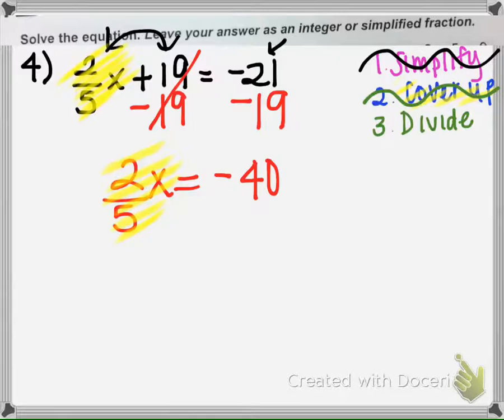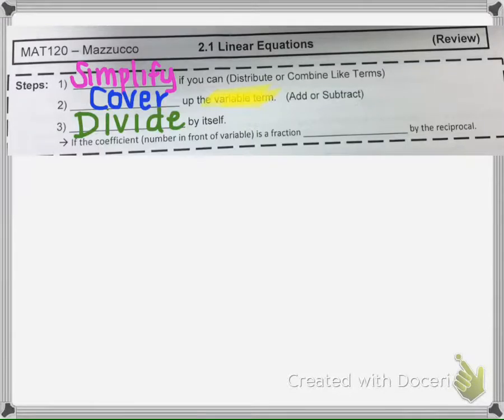So now that the variable is all by itself, we need to divide. But since this is a fraction, you should know from previous math classes that dividing is the same thing as multiplying by the reciprocal. So if we go back to our steps here, when we're asked to divide, if the number in front of the variable is a fraction, we're really going to multiply by the reciprocal.